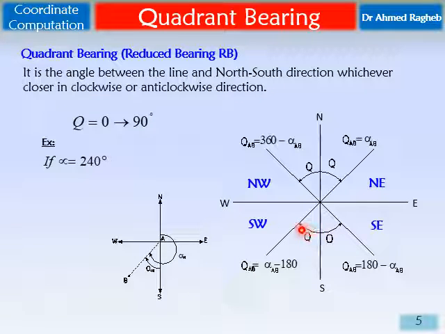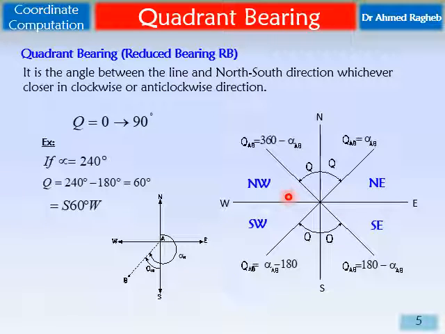So 60, you're going to write it down, you're measuring it from the south, 60 degrees towards the west. Another example, if we have alpha equals 300, then this is in the fourth quad. So 360 minus 300 equals 60, and you're going to write it down as north 60 west.